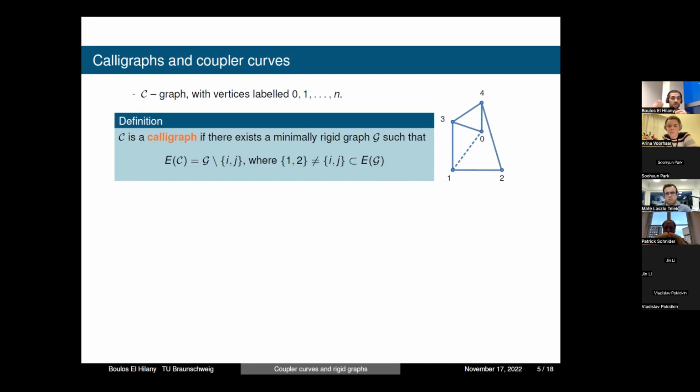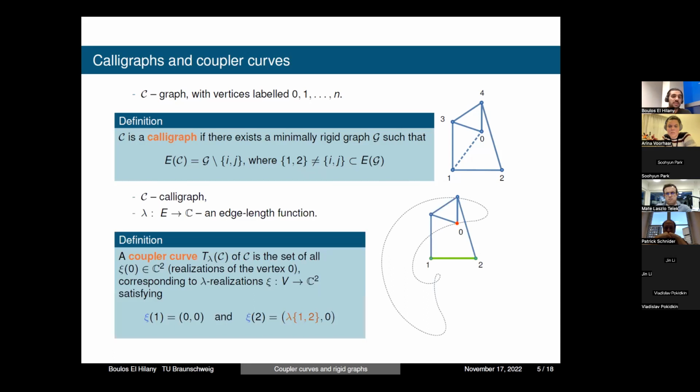What's left is a curve. Actually, a calligraph gives us something called the coupler curve, denoted by T lambda of C. Of course, now the coupler curve depends on the edge lengths. For each choice of edge lengths, I have a certain unique curve, and this represents all the positions of the vertex 0 that can happen when I look at the realizations.